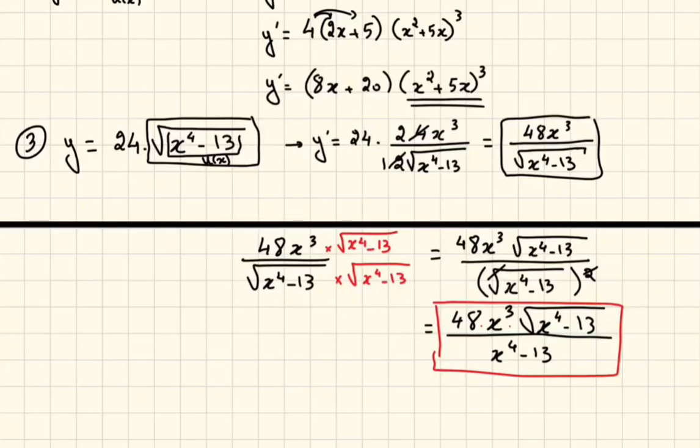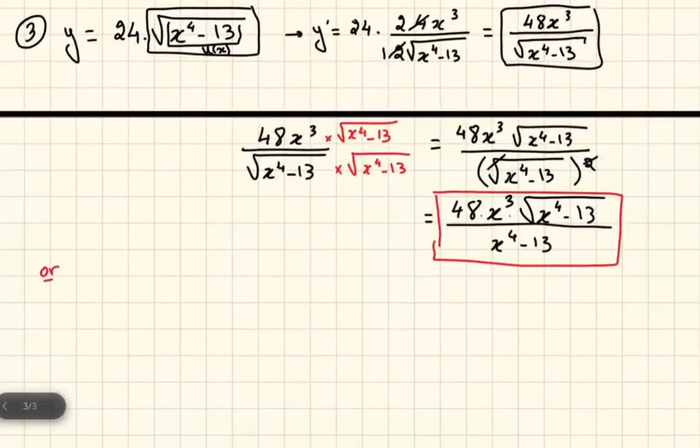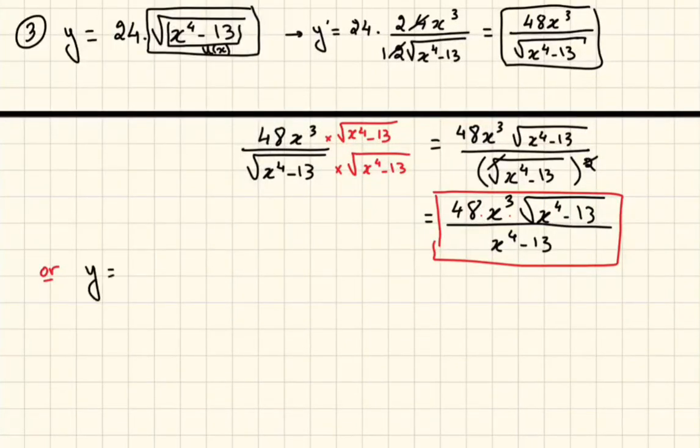Alright. Now, if you want to solve it in a different way, some students tend to do this. So instead of radical, they know it's exponent half. Why is that? Because for radical of x exponent 4 minus 13, this idea will help you.